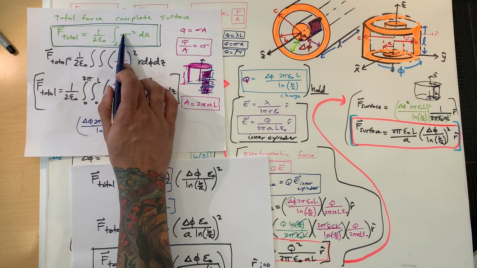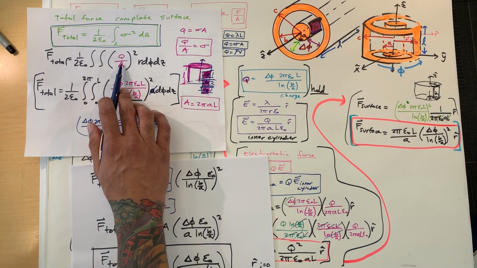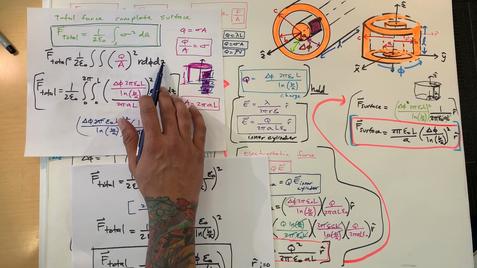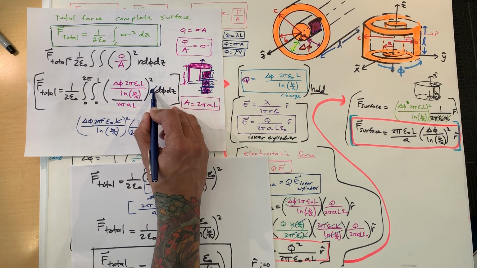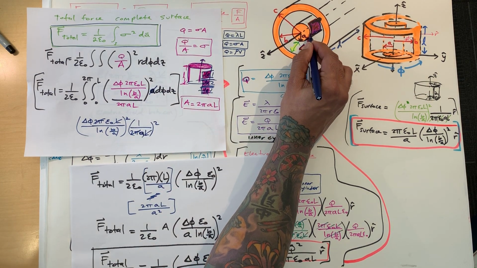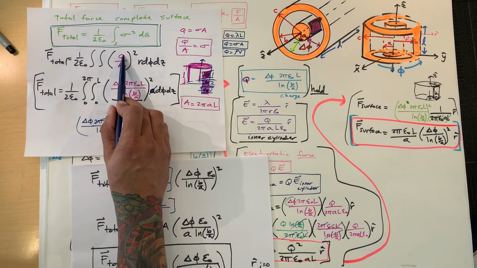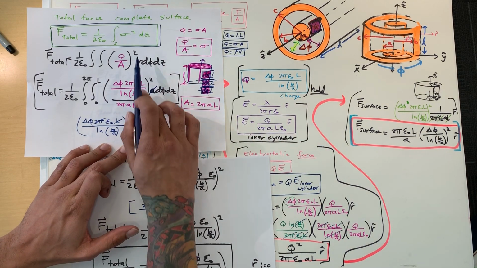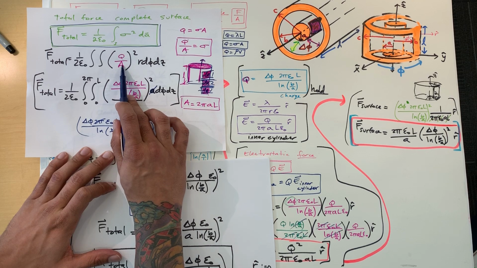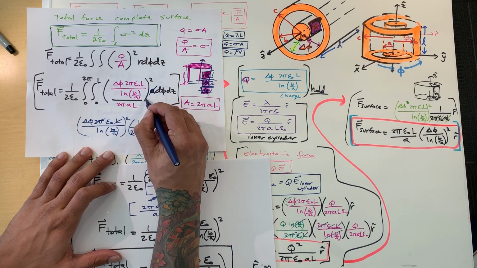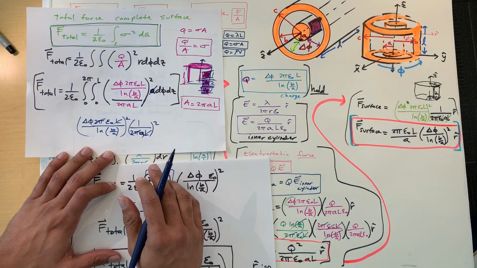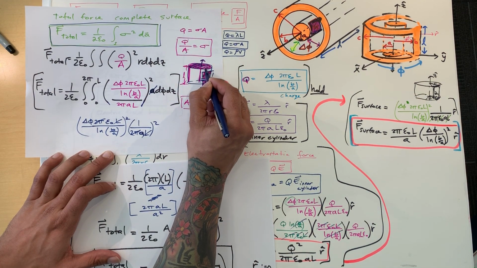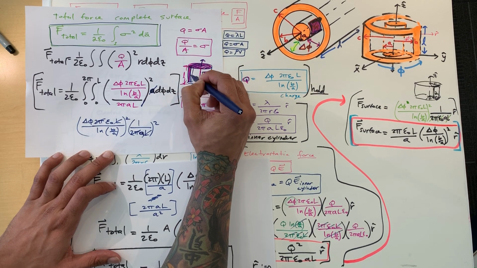We replace this with charge over area, and our Jacobian is R d phi dz. We'll replace R with A because we're only interested in the inner cylinder. And Q, we have all of this, squared, and we have the area down here, which is also squared. Remember that the area is going to be this top face and the length of the entire cylinder.